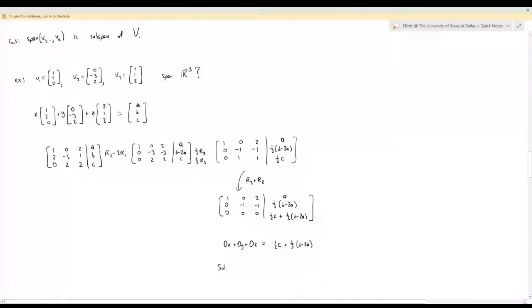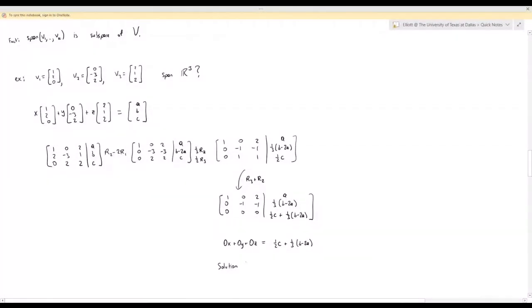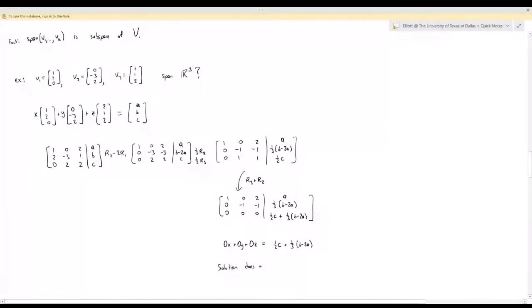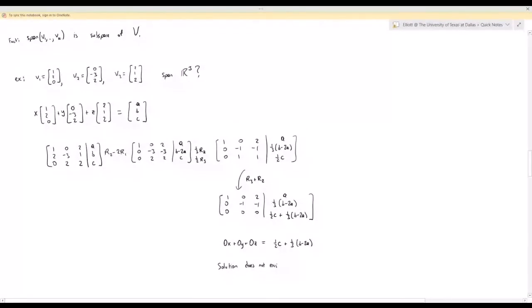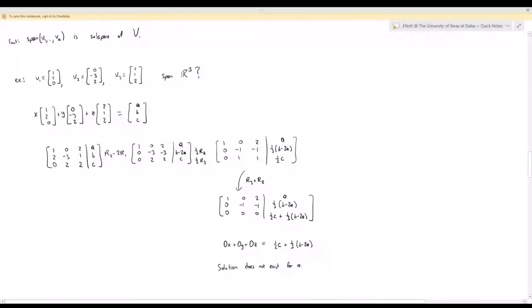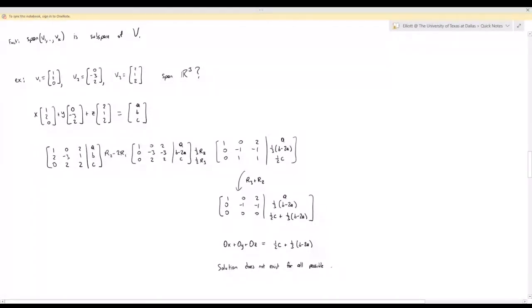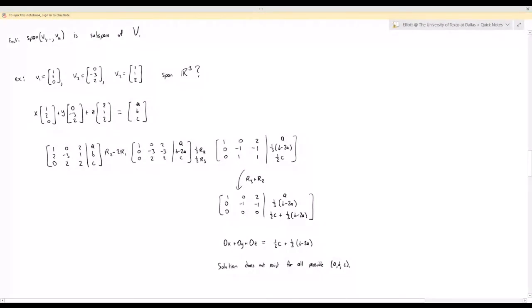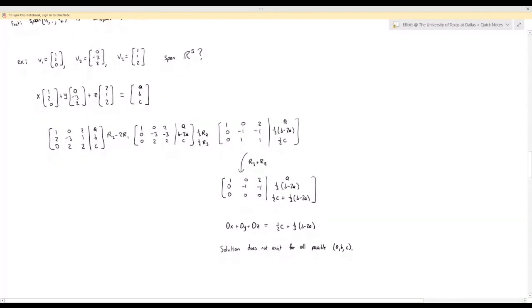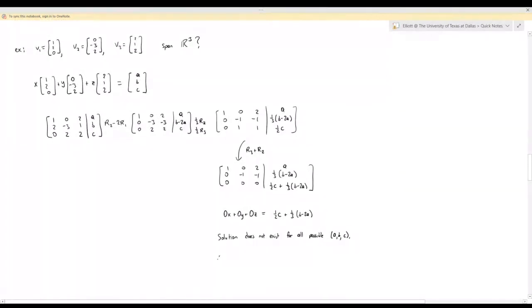So here I'll say that the solution does not exist for all possible a, b, c. Therefore, these three vectors v1, v2, v3 would not span R3.